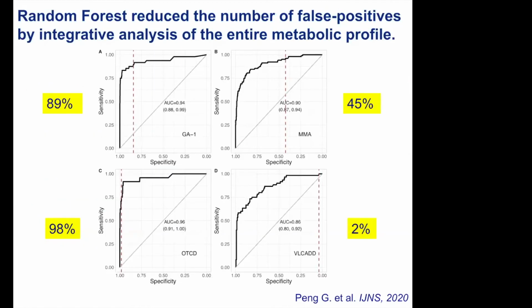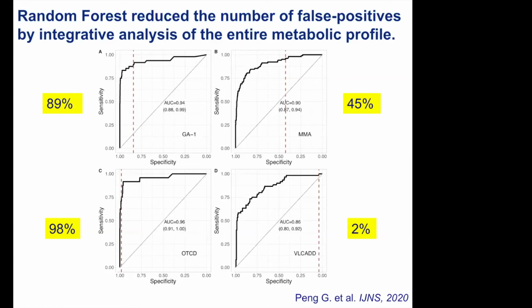These figures show the results from our analysis of newborn metabolic profiles for the 4 diseases with random forest. The receiver operating characteristics curve analysis was plotted for all infants with and without a confirmed diagnosis using RF analysis of 40 MS analytes.